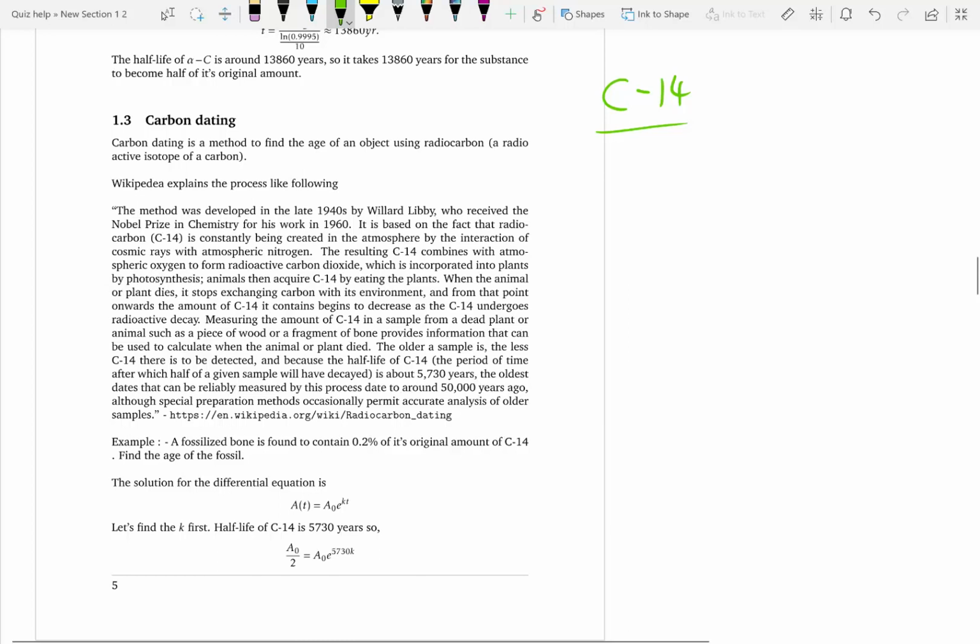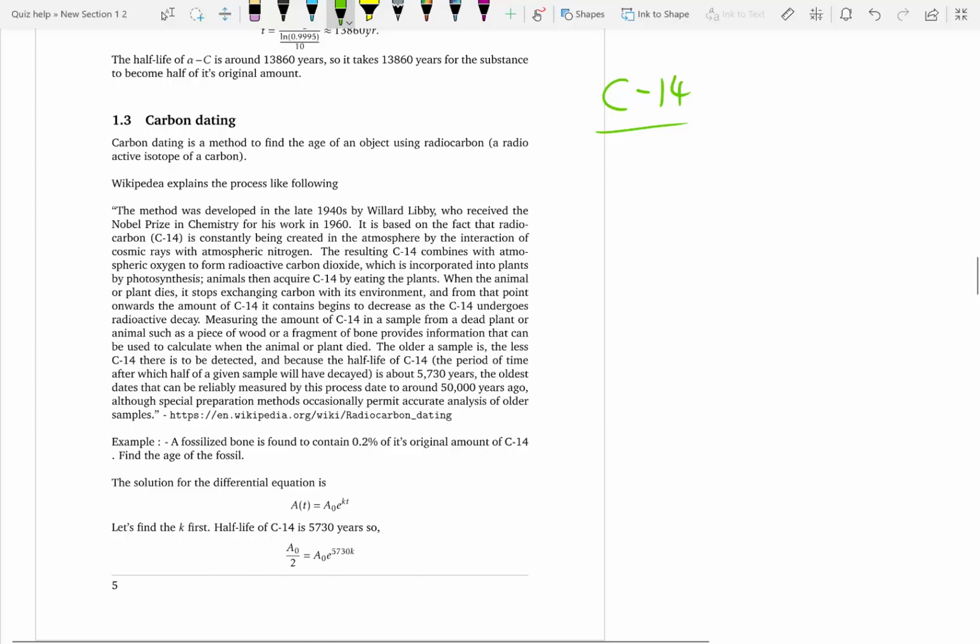Then you have an amount of carbon 14 in the dead animal's body or the dead plant, and it starts to decay. After thousands of years, we get the fossils of animals and plants, and we can find the amount of carbon 14 left, and that is how we find the age of the fossil.